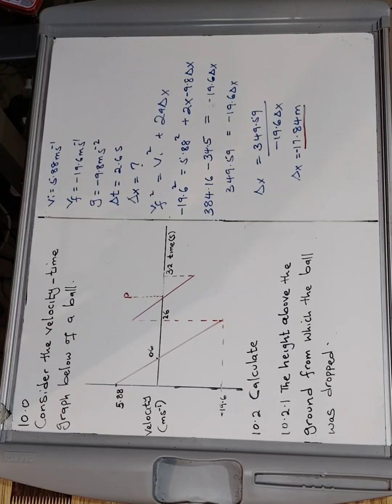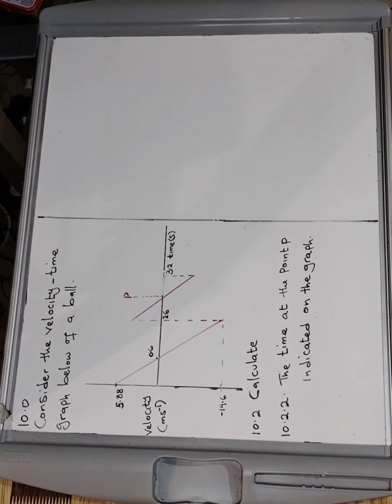So remember that when displacement is below the point of projection, it's minus. And when it's above the point of projection, it is positive. So that is that. It is 17.84. That's the height above which the ball was dropped. So we got the next question.